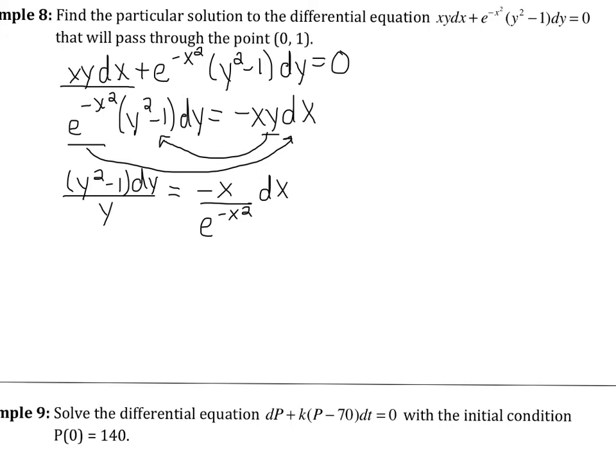Let's integrate. Now, before I integrate, the left-hand side, right, you might be thinking, oh gosh, y squared minus 1 dy over y, okay, maybe it's a u sub. No, right? Remember, this is an STD.